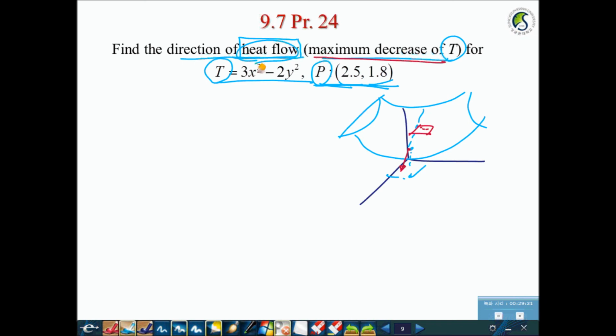Alright. So, calculation is easy again. Just the gradient of T. So that's minus 6x, minus 4y, and at point P, it's minus 15, minus 7.2.